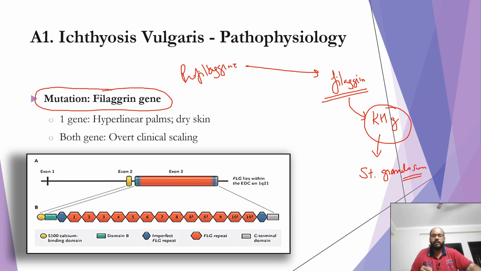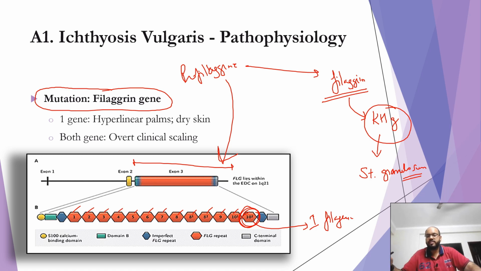Clear? Now remember, in the profilaggrin gene, there are multiple copies of filaggrin molecules or filaggrin genes. So each of these circles will lead to formation of one filaggrin. So when this entire gene gets translated, even a single process of translation leads to multiple copies of filaggrin. Clear?